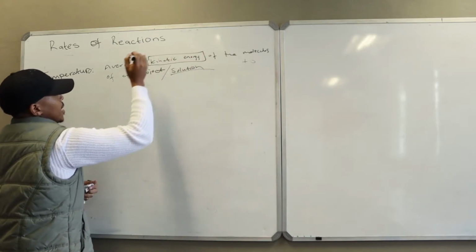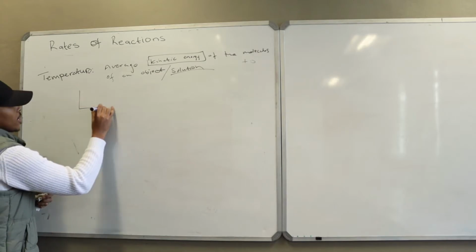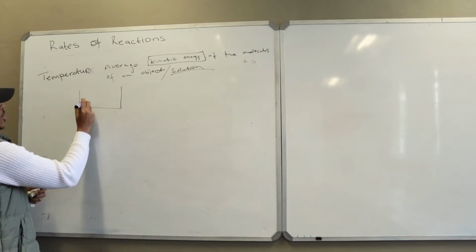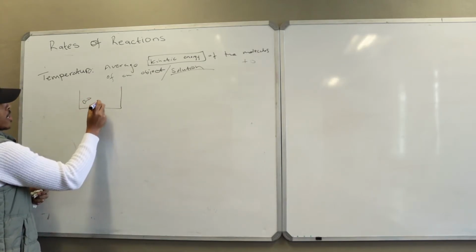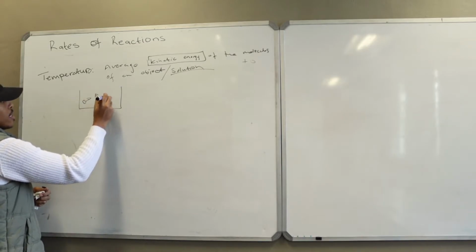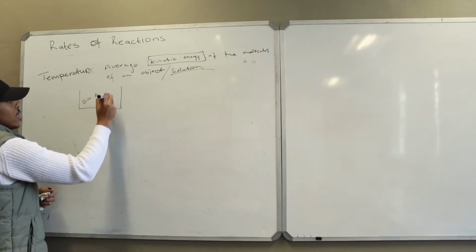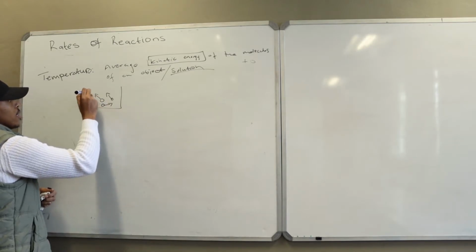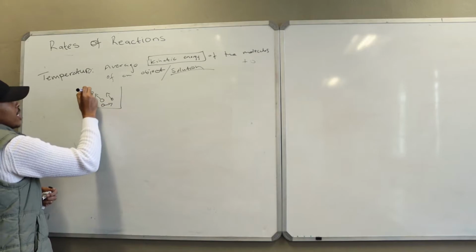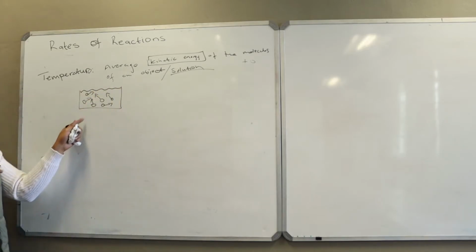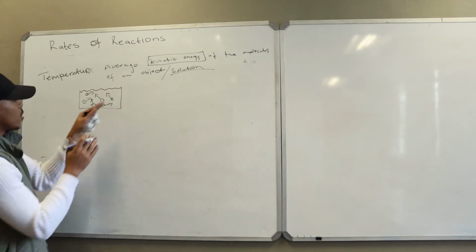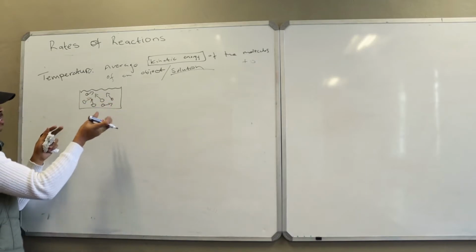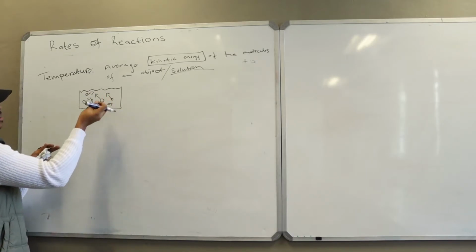Now what we know about kinetic energy: when you measure temperature, you are measuring the speed of the molecules inside the solution. It's the average speed of all the molecules inside the solution.